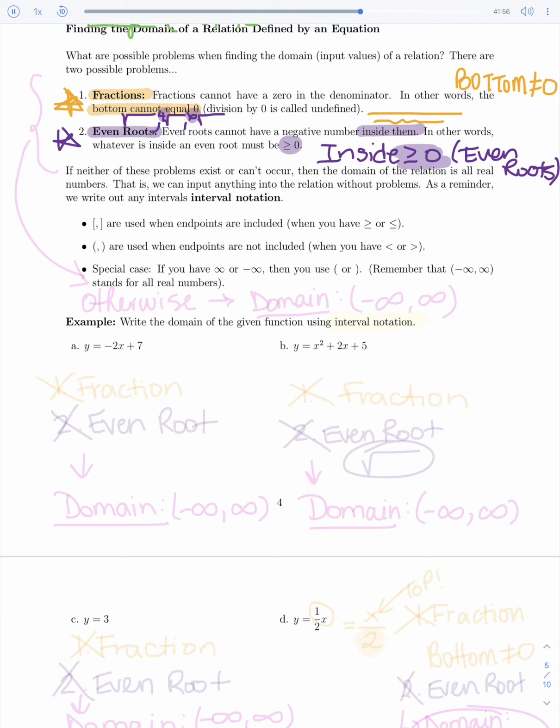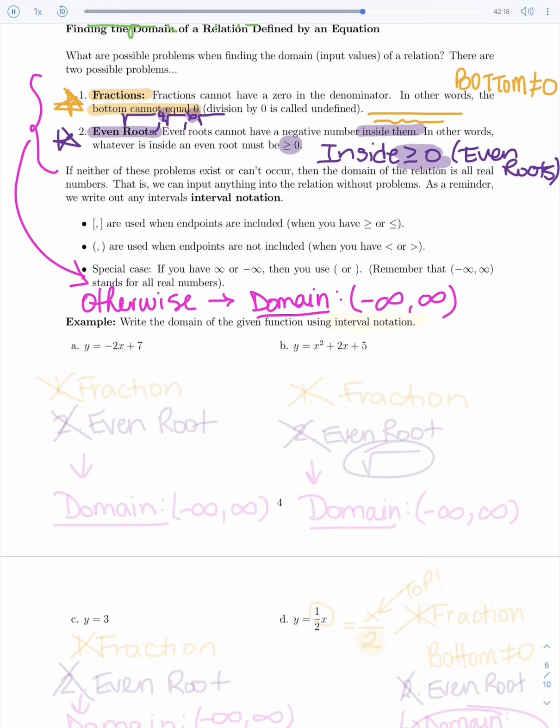So otherwise, if you don't have these two problems, then your domain is that you can plug in anything you want, from negative infinity all the way up to positive infinity.